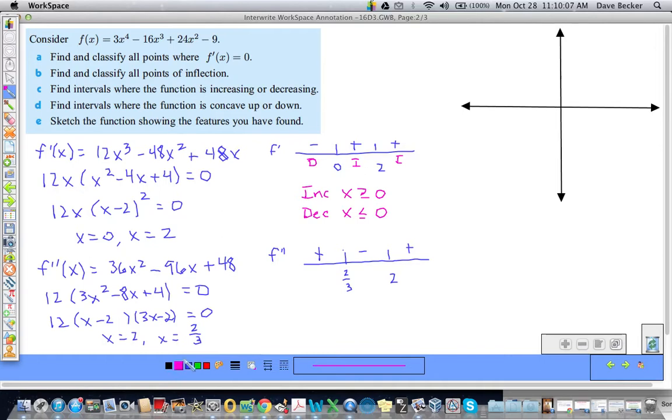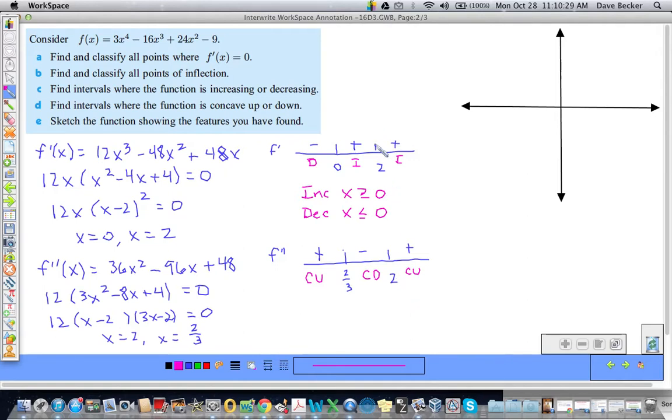So that tells me the shape of the curve is concave up, concave down, and then concave up.